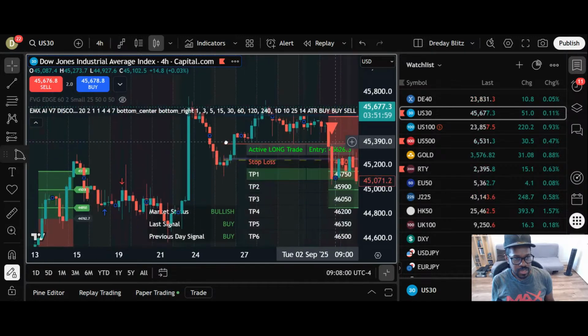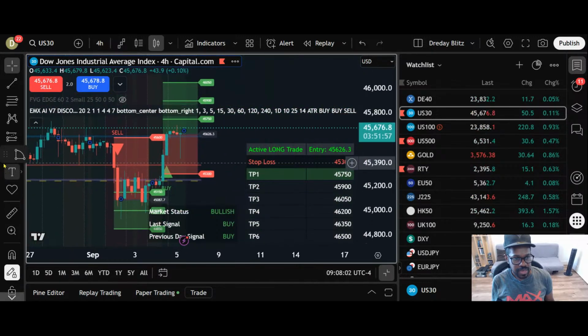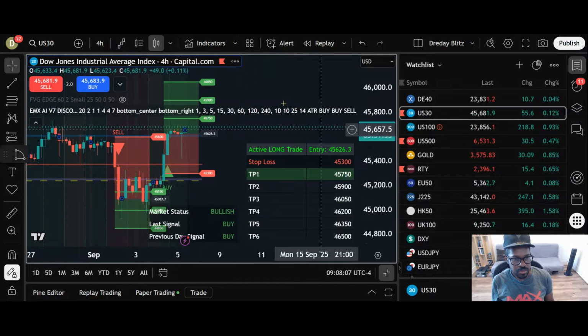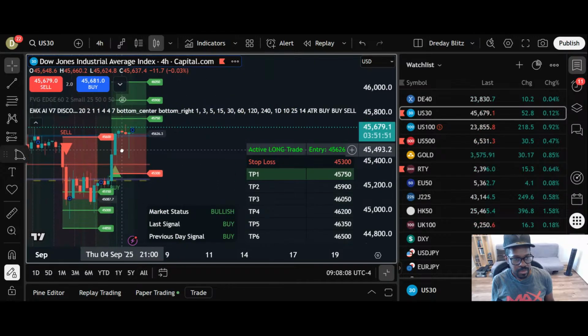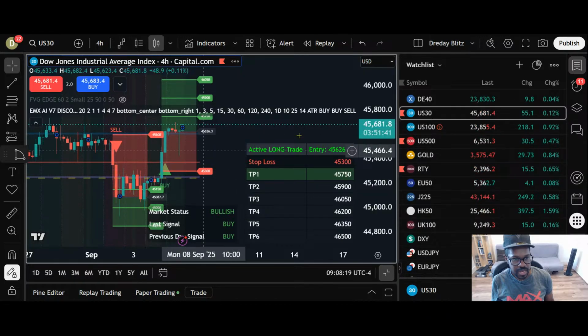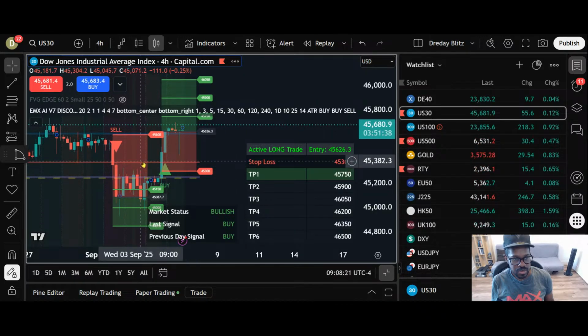The only thing in regards to Mix AI is that it's good in lower time frame, right? But on a higher time frame, most of the time it's going to give you the alert or the signal after the move was done because it has to wait until the close of the candle to provide you with the alert.